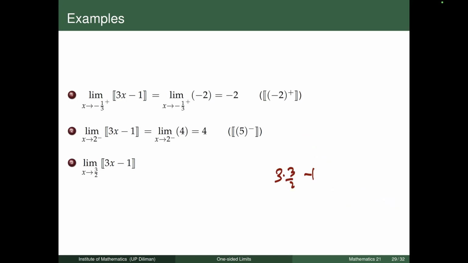This is 9 halves minus 1. This is 7 halves. And 7 halves is 3.5. So the GIF is 3. It's just 3, because it is a fraction.